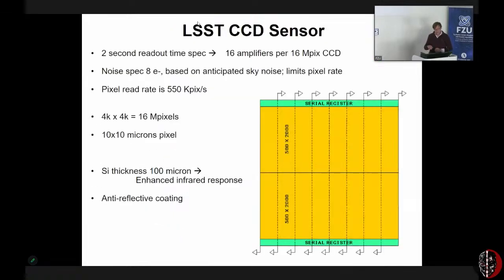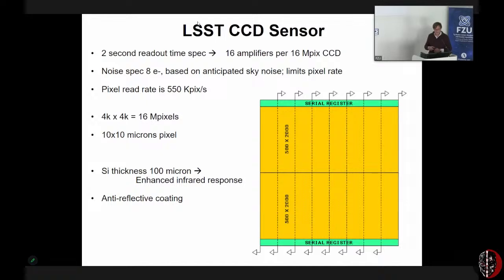To meet the 2-second readout time spec, the CCD is segmented into 16 sections. So there are 16 amplifiers for a 16 megapixel CCD, so 1 megapixel per amplifier.